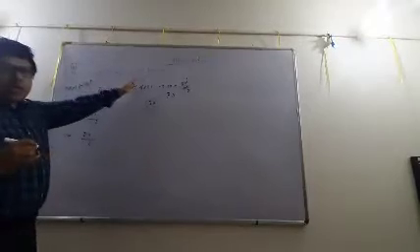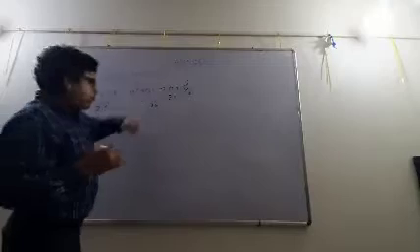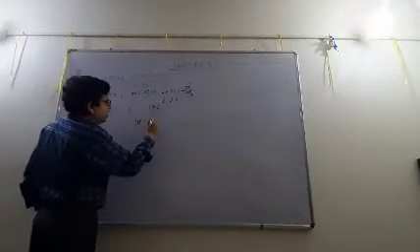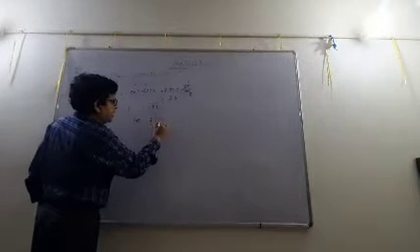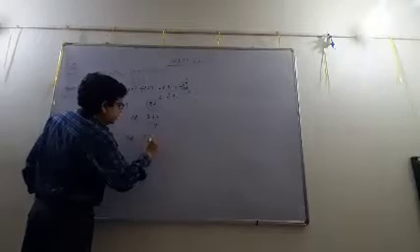So the proportional part of the first friend is 4 by 9 and that of the second friend is 5 by 9. So from these rupees x, the first friend will get rupees 4x by 9 and the second friend will get rupees 5x by 9.